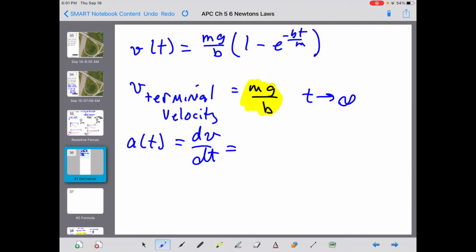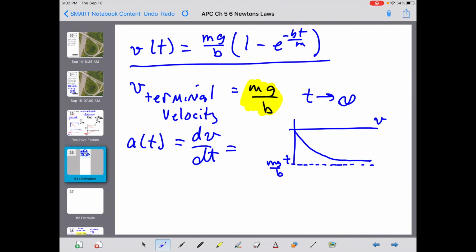On the graph that we drew at the beginning, where the object was falling and curving off like this, this asymptote down here would be a value of mg over b based on the equation that we derived.